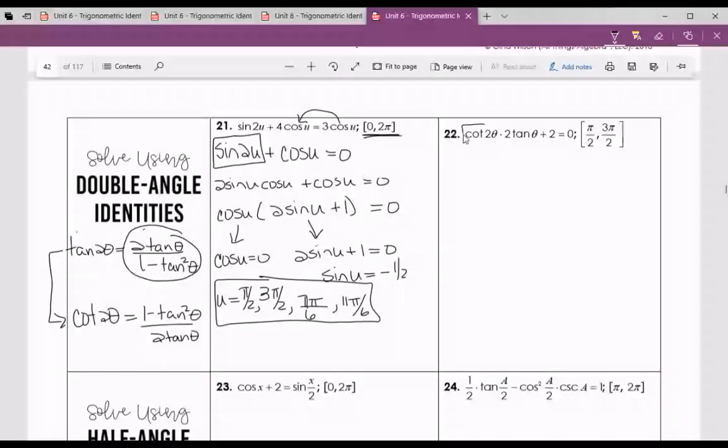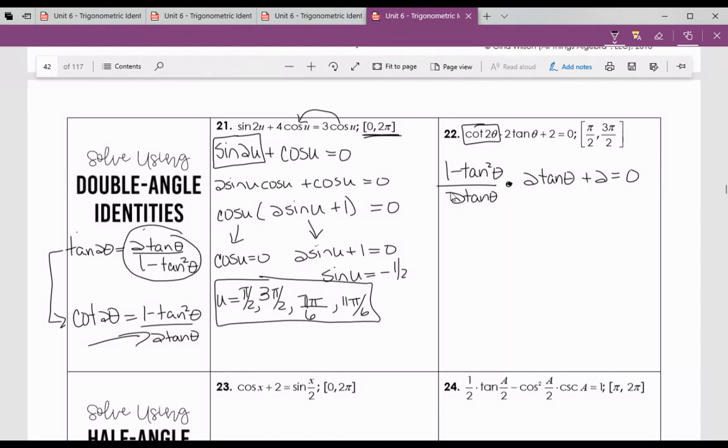So I'm going to take cotangent out and replace it with its equivalent: 1 minus tangent square over 2 tangent, times 2 tangent theta plus 2 equals 0. By doing that, that creates an all tangent equation.